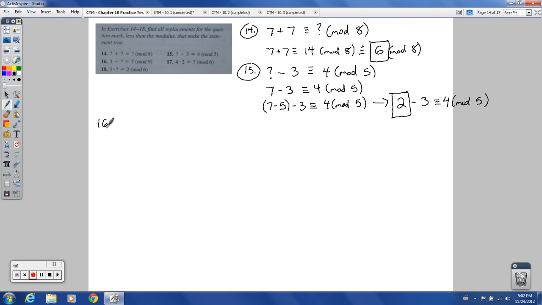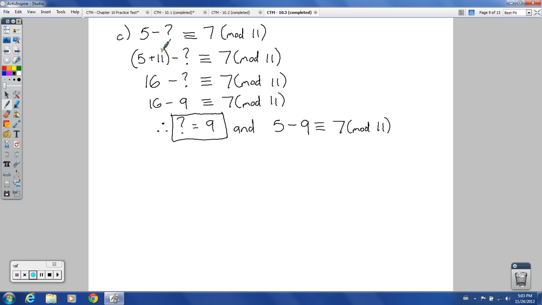So now let's check out 16. 3 minus something congruent to 7 mod 9. Whatever goes in here has to be less than the modulus. I'm going to refer back to this one here before I start explaining. Remember, I can add the modulus or subtract the modulus to any number I have over here, and it would give me the same remainder. So I'm going to apply that to this problem again.